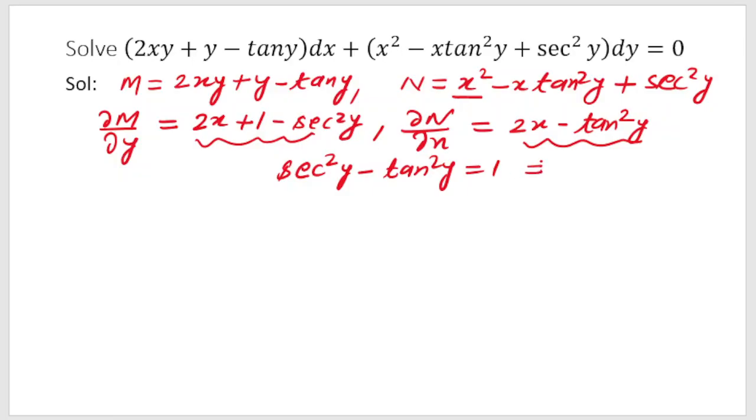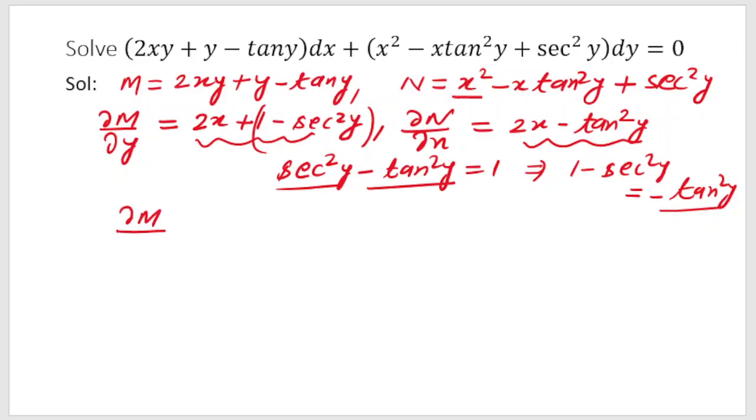So you can see that I can write 1 minus sec square y is equal to minus tan square y. If I take the sec square y on the right hand side, I will get minus tan square y. So this 1 minus sec square y and minus tan square y are basically the same thing. Even though it does not look equal, they are equal.